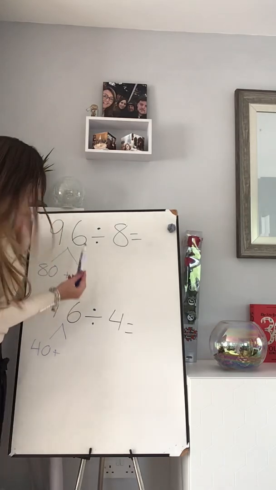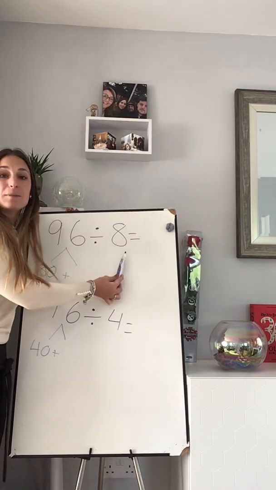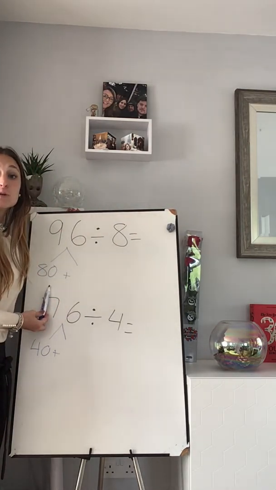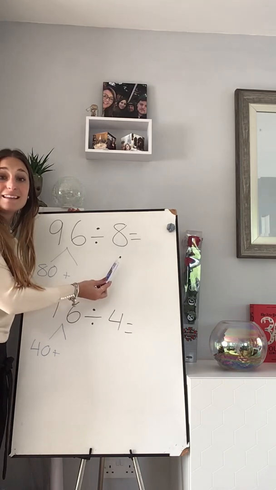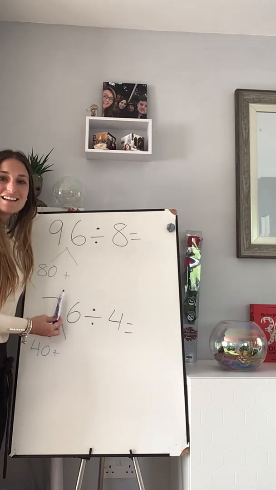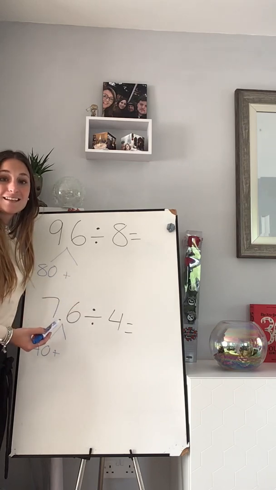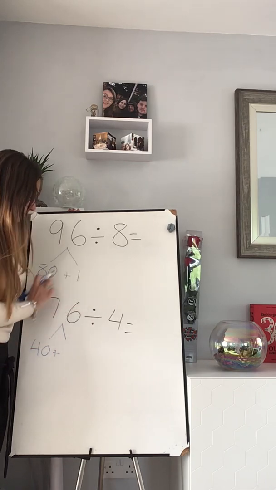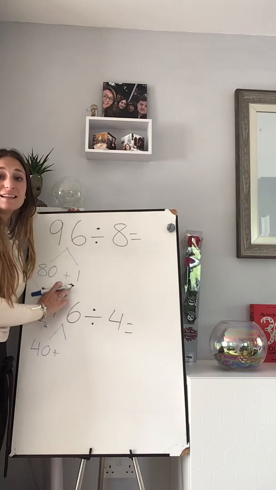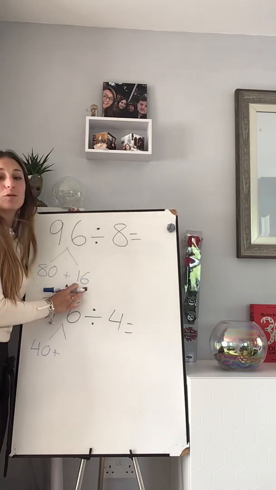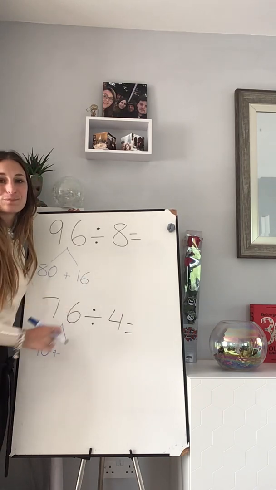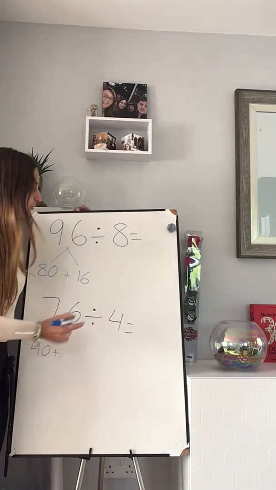Right, so if you have 96 divided by 8, you will partition it into 80, because it's my 8 timetable. 80, how many more do you need to get to 96? You need one more 10, so you have 90, and the 6 ones, 96. Yes? Good.